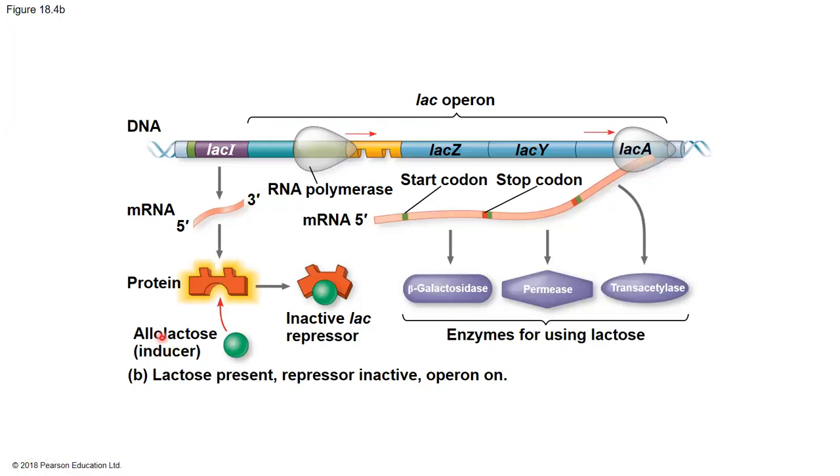An inducer called allolactose, which is basically converted from lactose. So when lactose is present in large quantities, some of that lactose is converted into allolactose, and now this allolactose will behave as an inducer. It's called an inducer because it will allow the induction of transcription by inactivating the repressor, by preventing it from binding to the operator.